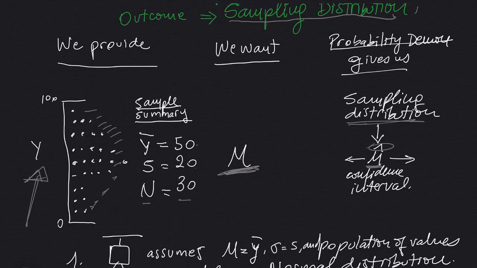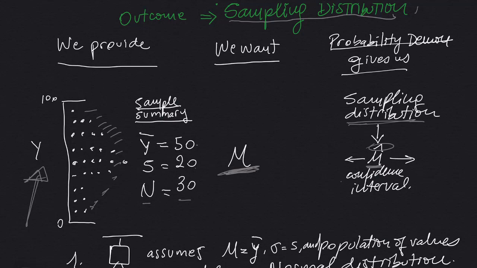That sampling distribution will be a normal distribution, and we can determine where the 95% of the values, the central values around the mean of that distribution, are located. This gives us what we call the confidence interval.